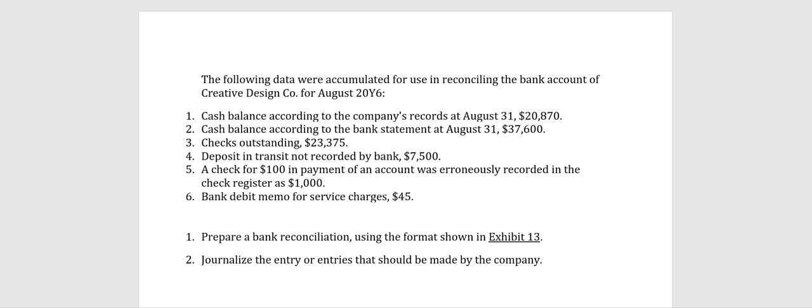They also tell us that there's a deposit in transit that was not recorded by the bank of $7,500. So if I, at the end of my business day at 8 o'clock at night, stop on my way home at the ATM to deposit some of the cash that we received that day, let's say $7,500, I know that I have that cash.